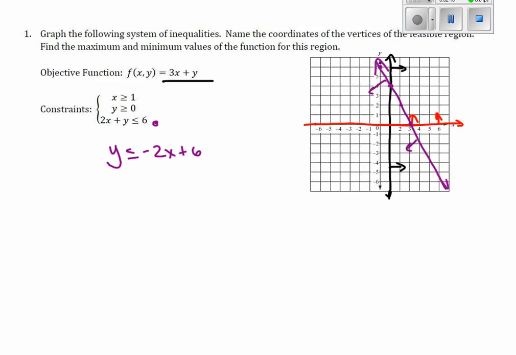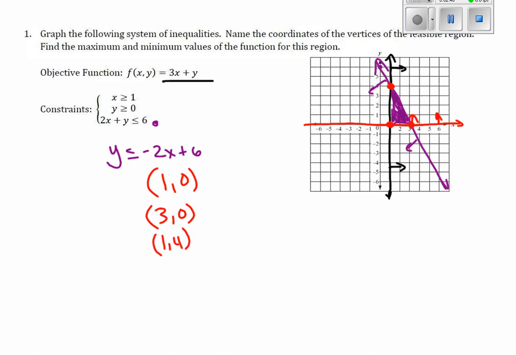So my feasible region is this area right here, this little triangle. Now this little triangle is created by 3 points. So what I want to do is look at those 3 points: 1, 0, 3, 0, and 1, 4.